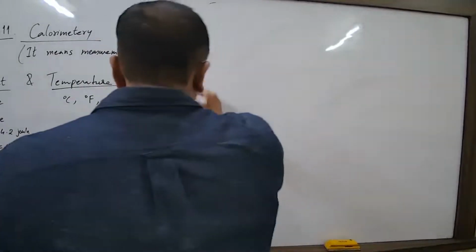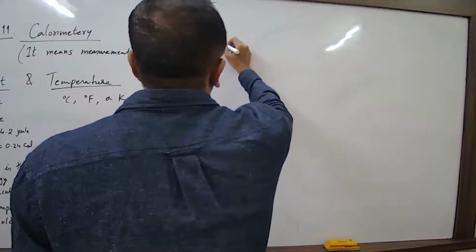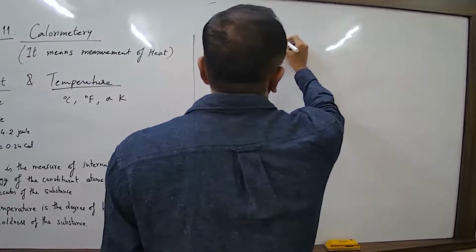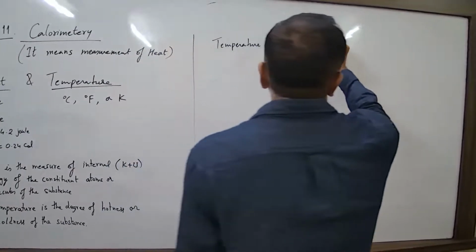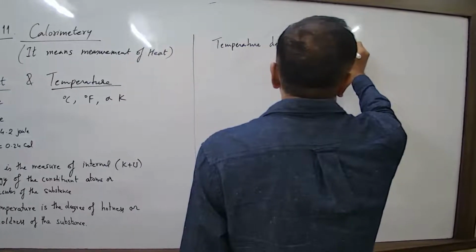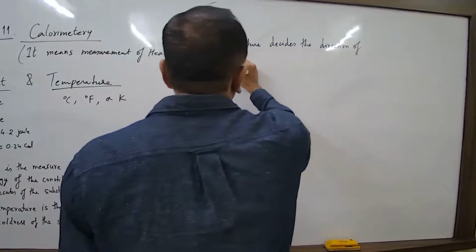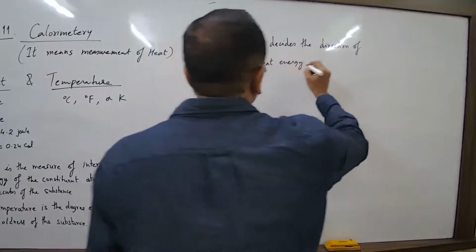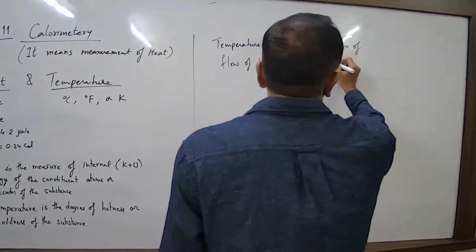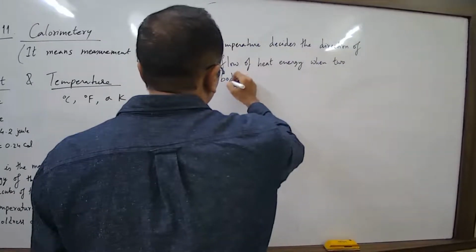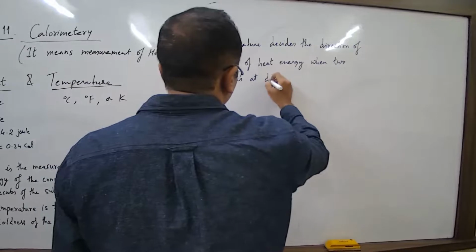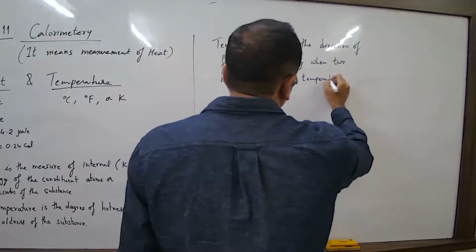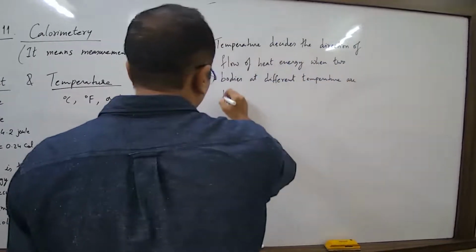Temperature decides the direction of flow of heat energy when two bodies at different temperature are placed in contact.